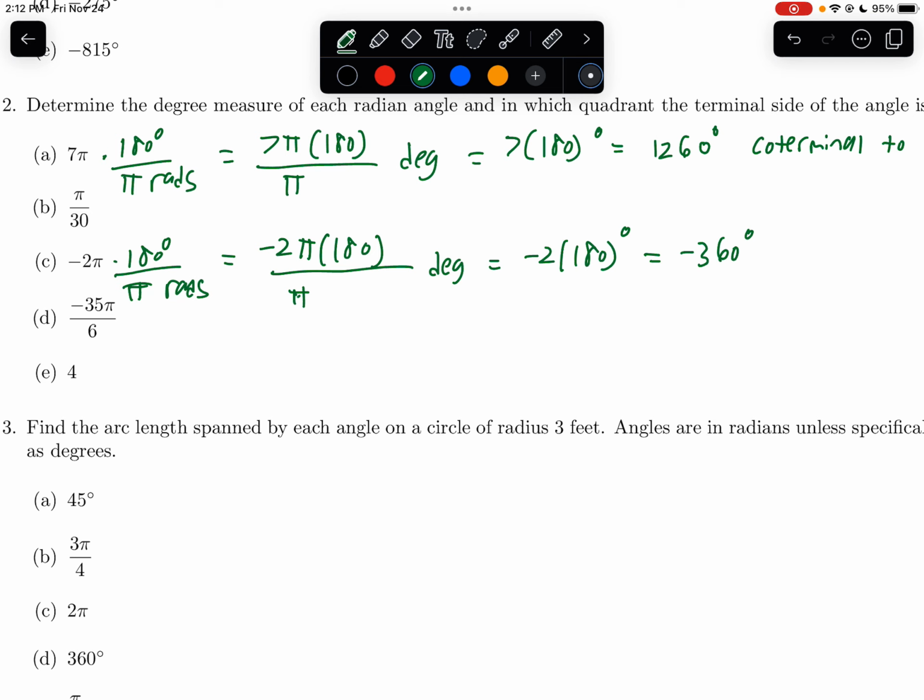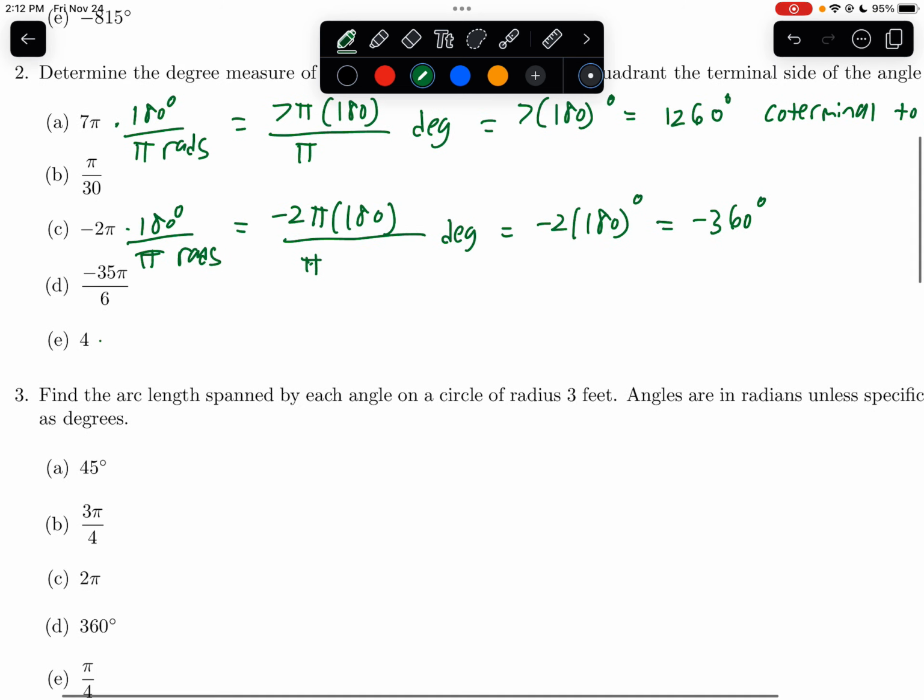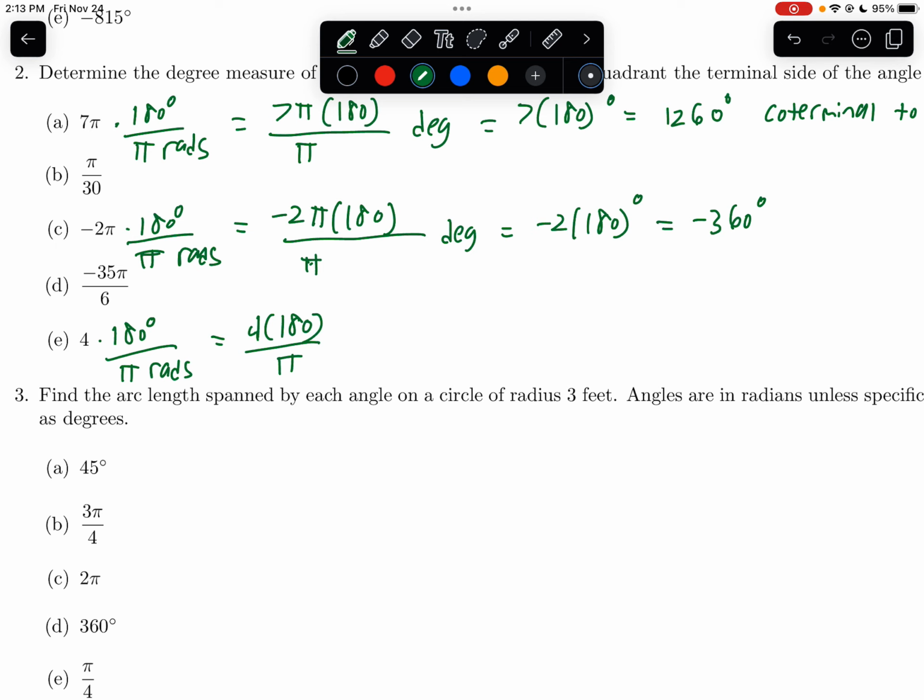Something like 4 here is not common because normally we want to express radian measures as a fraction of pi, but this can still be converted to degrees. The same process. The difference here is that your answer will be 4 times 180 divided by pi, and the pi will not cancel out because it's not in the numerator like it was before.